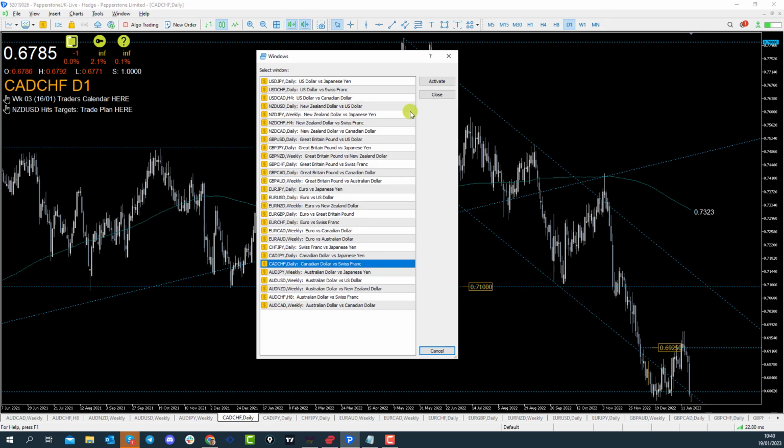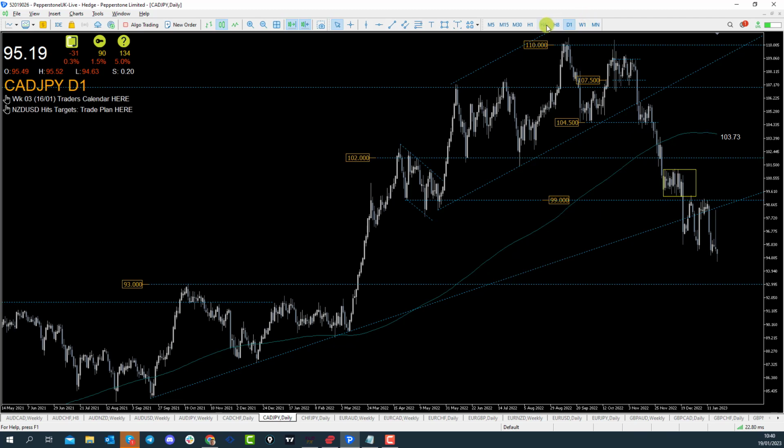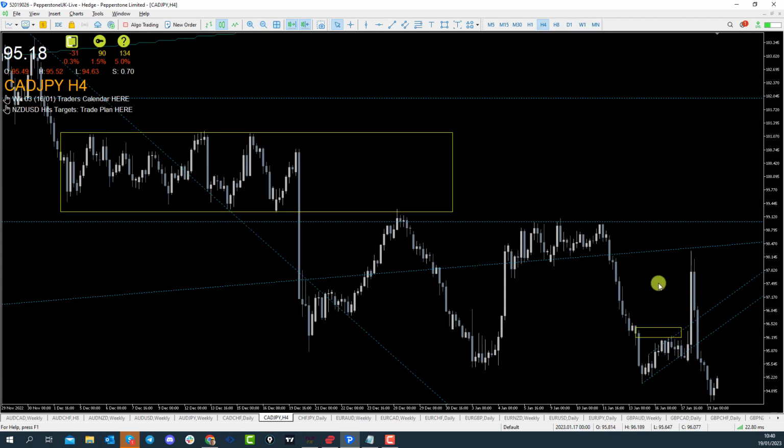I'm going to flick over to CAD Yen, because CAD Yen has traded through the 95 lows. We did discuss what could happen on CAD Yen. Our outlook could have changed because of the Bank of Japan, and we noted that, and we said that price may even pop up first before trading to the downside, which is exactly what happened in the end.